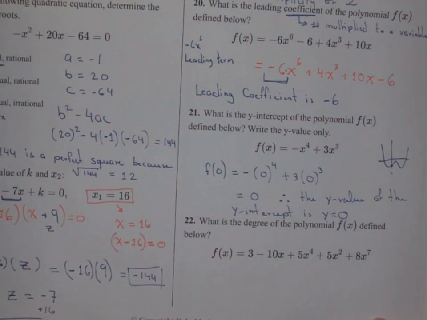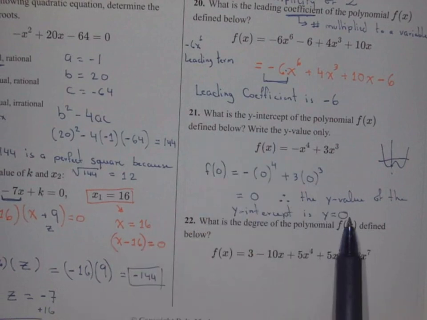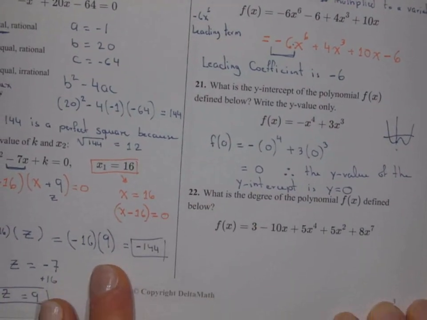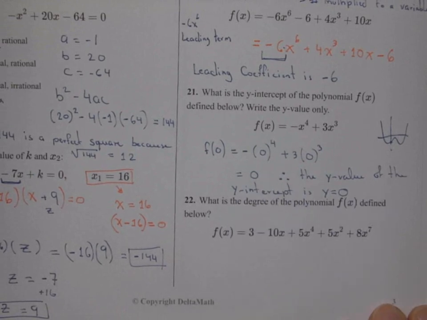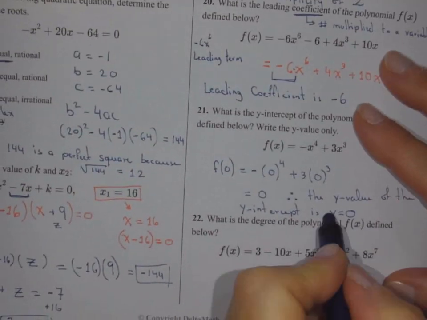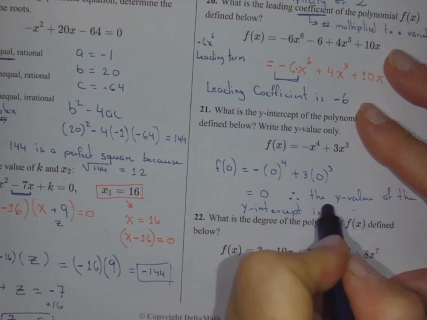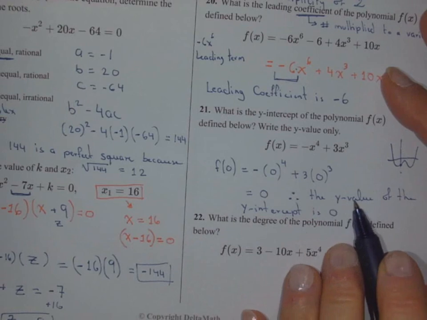Now, notice how I use the question words to write my sentence. I expect you to do that, right? I expect you to be nice and formulate your answers with proper sentences. The y value of the y-intercept is y equals 0. Actually, it's just 0. Because I'm already talking about the y value here.